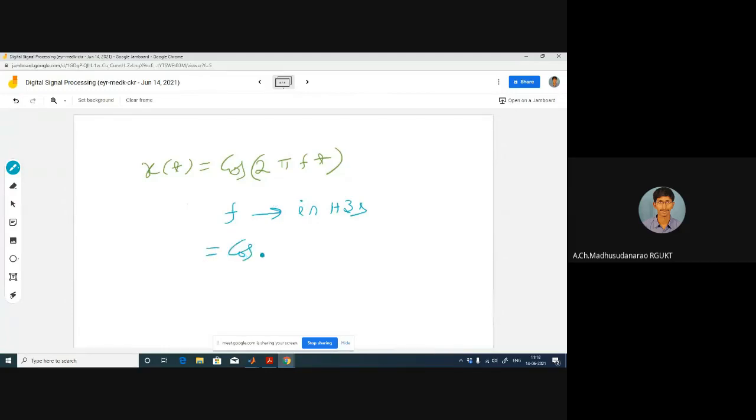You can try to remember these notations because we are going to follow the same notations throughout our course. This is capital omega. What are the units of capital omega? Radians per second.